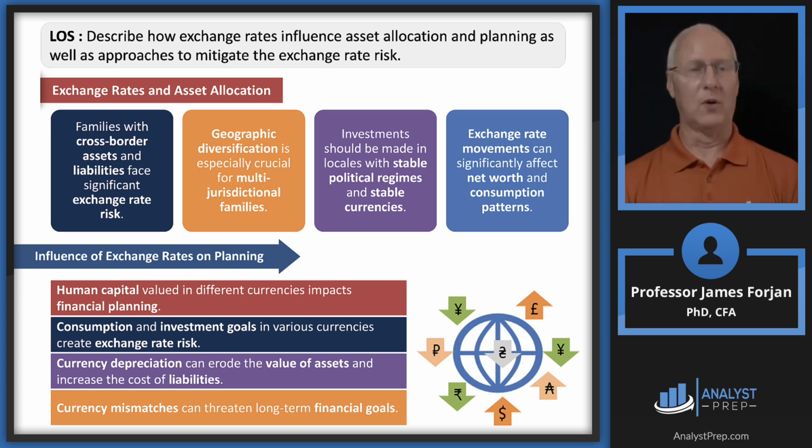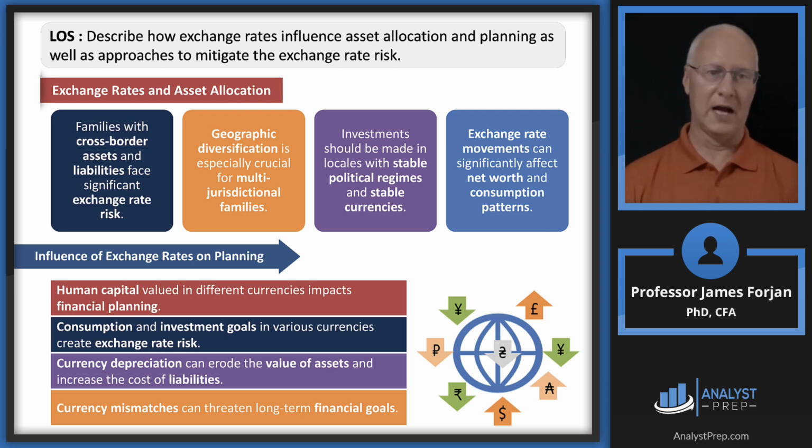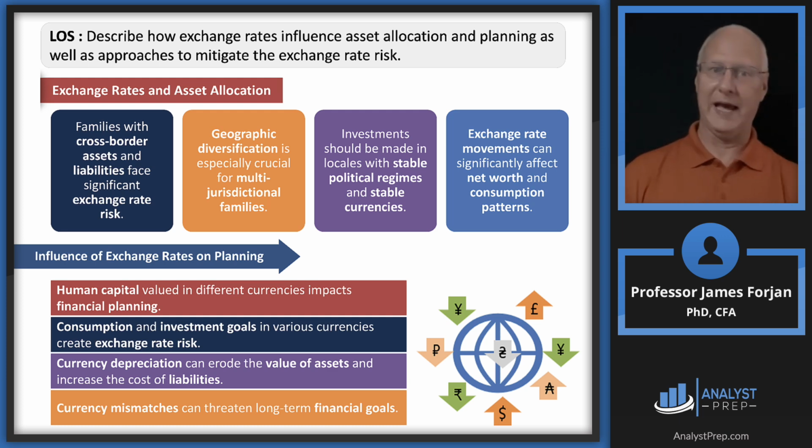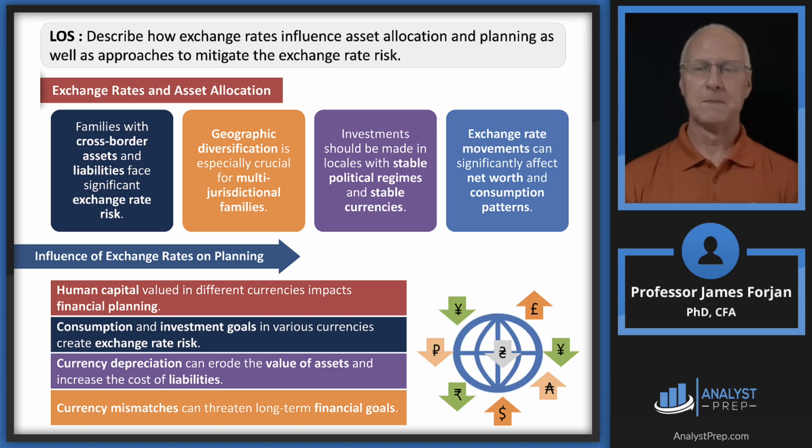So look in purple. As good wealth managers, we ought to recommend stable political environments, stable economies, although I'm not quite sure what that means. I don't even know if the US economy is stable anymore. All right, so we're going to do what's in the purple to try to mitigate that exchange rate risk, and then look at the consequence over there on the far right.